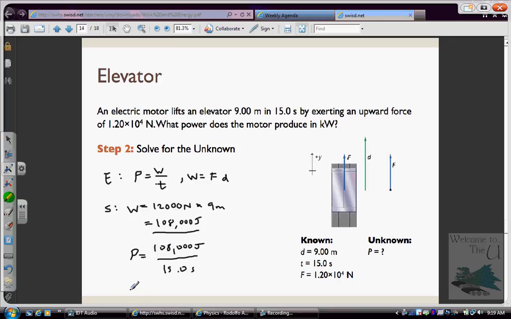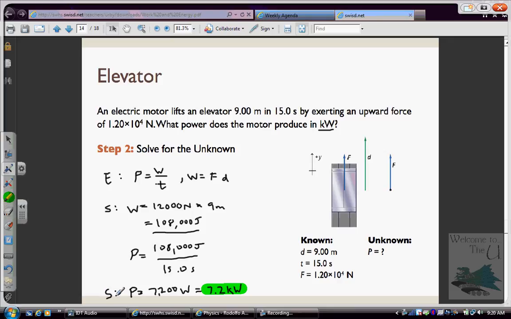So our power is equal to 7,200 watts. But they actually want it in kilowatts. So if we wanted to convert that into kilowatts, that would be equal to just moving the decimal to the left 3 times. So it would be 7.2 kilowatts. So that would be our answer right there for our solution step.